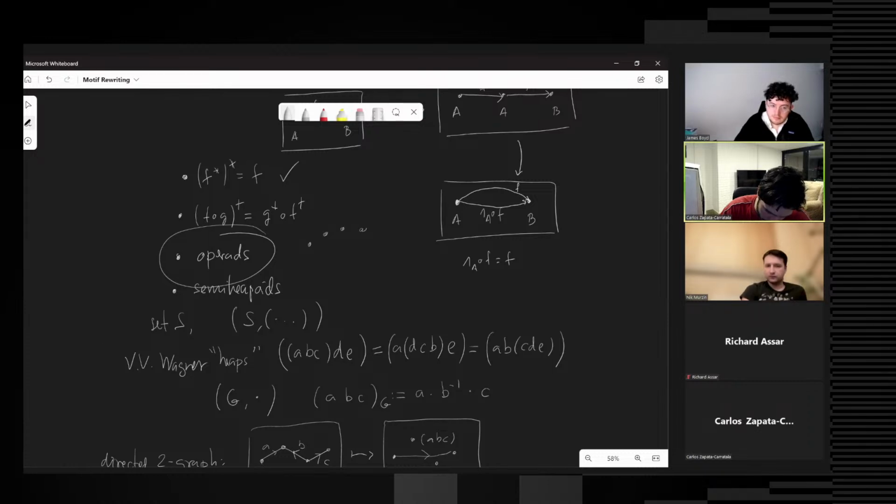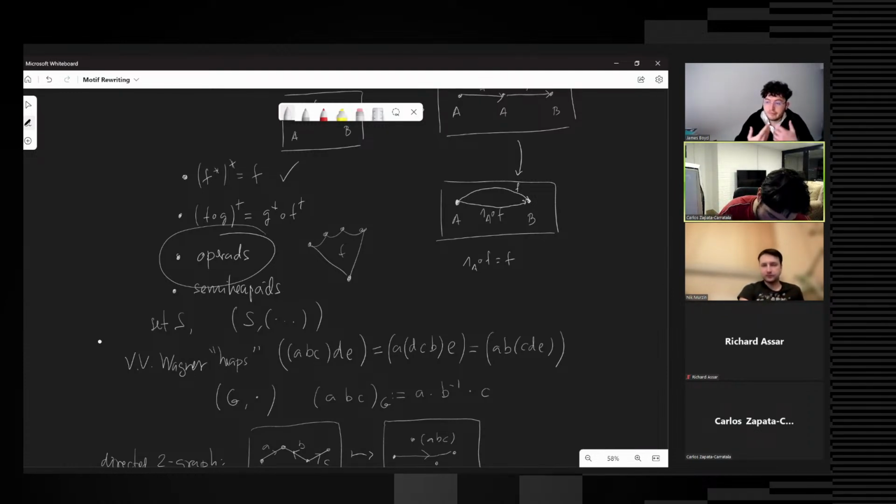So several objects into one object, right? This is one way you can imagine operads: like multi-maps or tensors, or multilinear maps, right? They have multiple arguments and map into a single target, right?